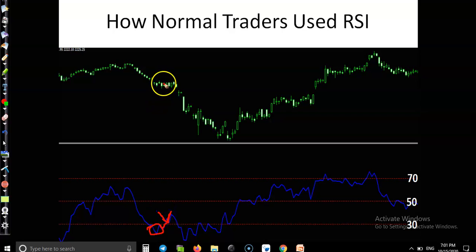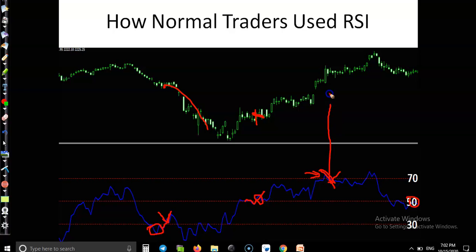If you do it like that, you can see price dropped from this area. Similarly, when price crosses the 70 level from the upper side, after running in the overbought zone, they place a sell order.